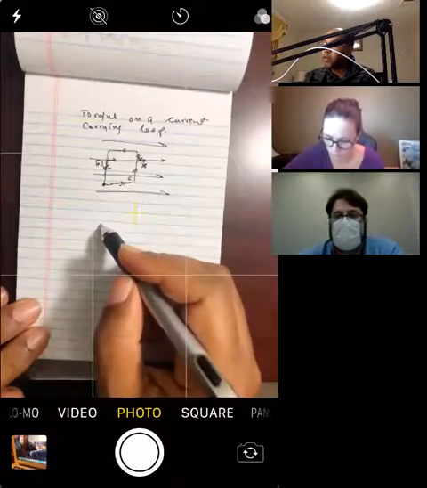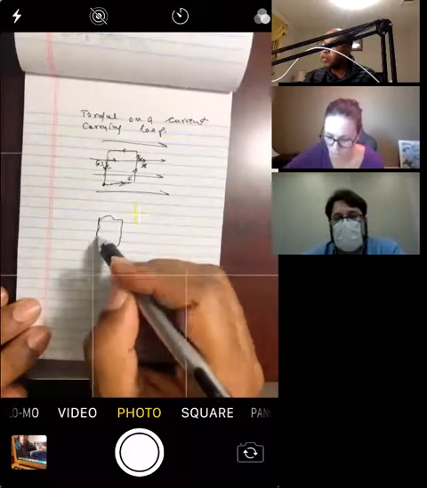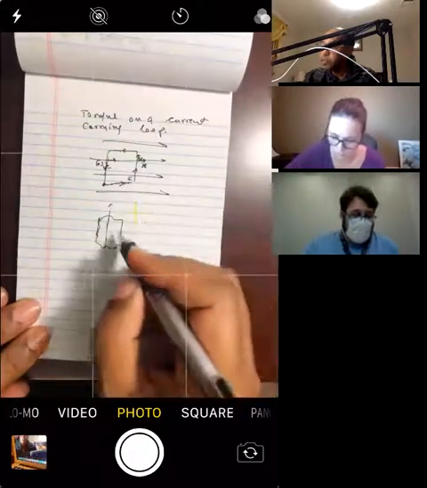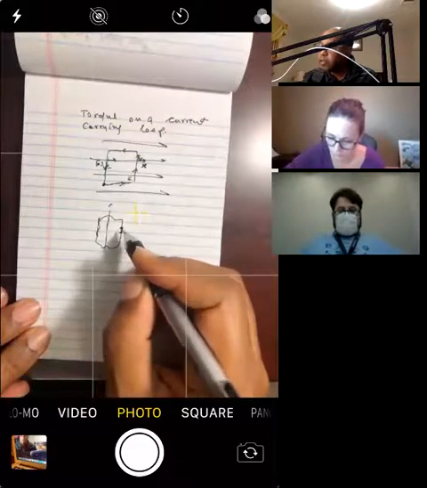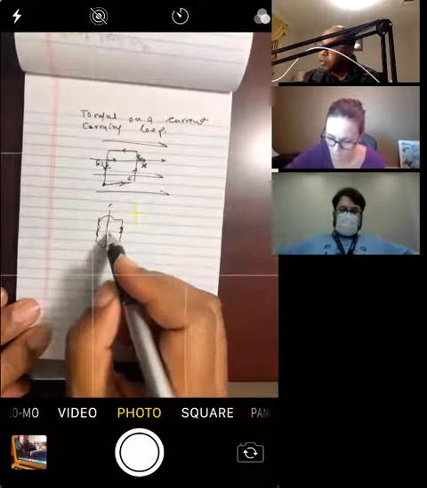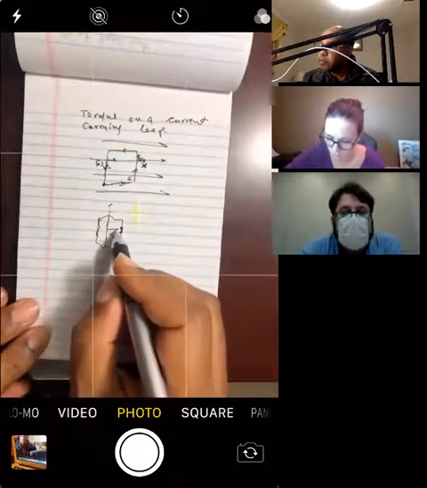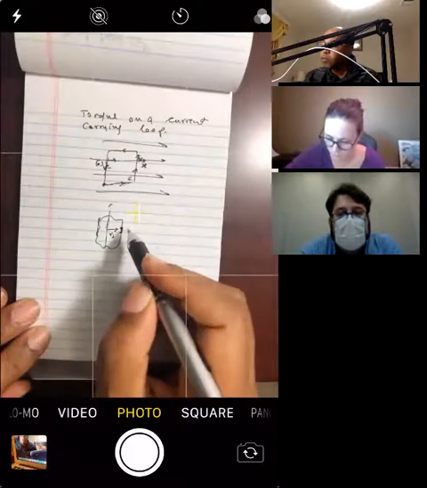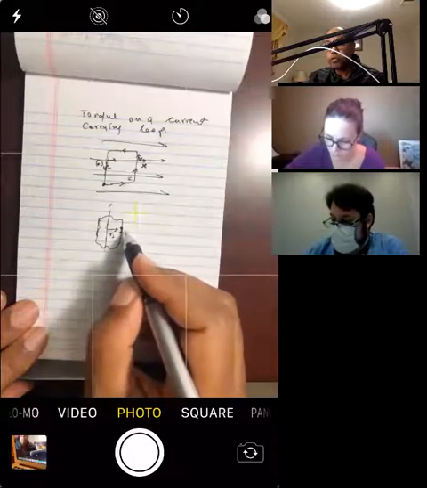All right, so now let's try to get an expression for it. Suppose we have some irregular shape over here, and let's say this is our axis of rotation. Let's say a small element over here, and this is our perpendicular, the position vector with respect to the axis. The torque is going to be the position vector crossed with the force, right?